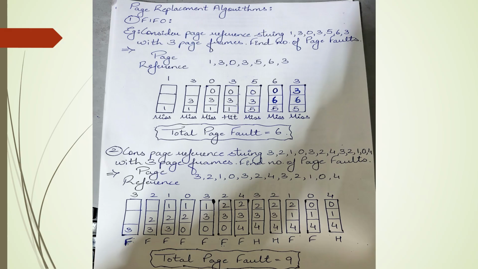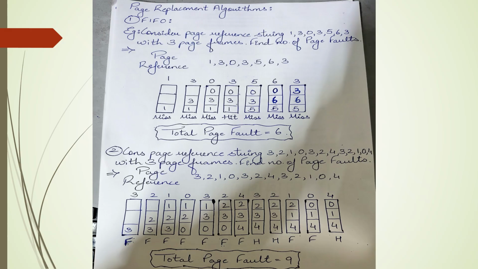Next comes 5. Memory is full, so we remove the oldest page. The oldest page is 1, and we load 5. This is a page fault. Then page 6 arrives. The oldest page is now 3, so it is replaced by 6. Another page fault.